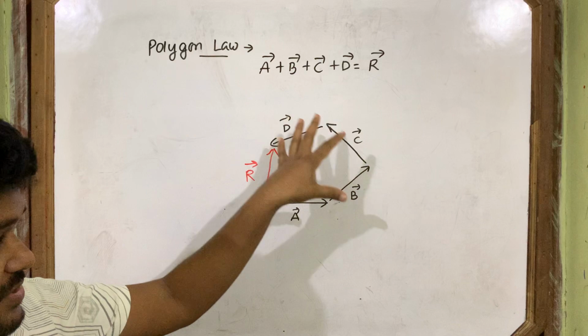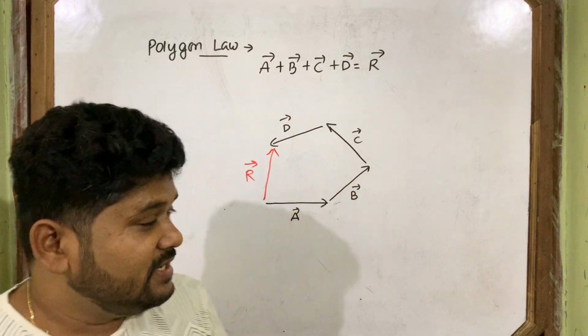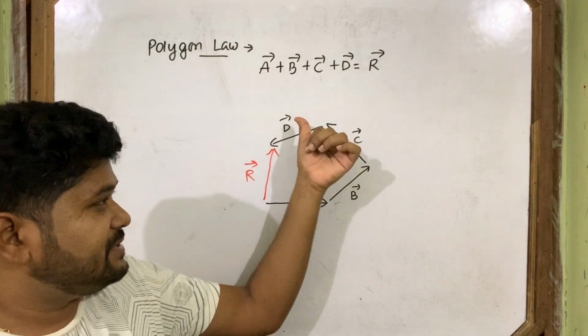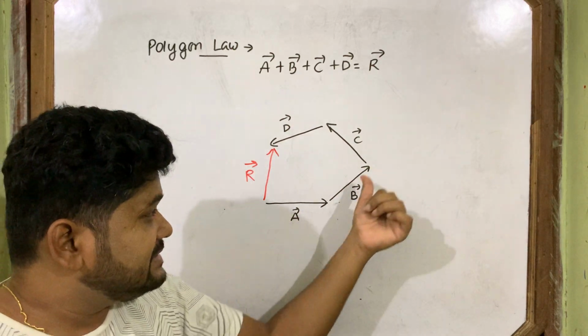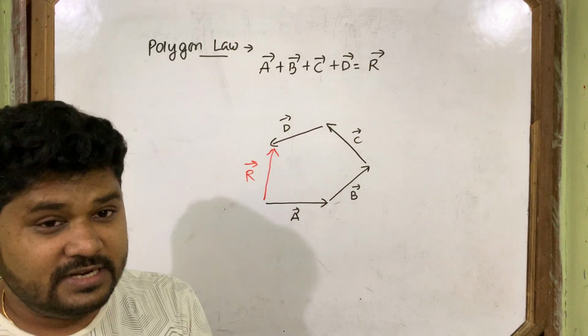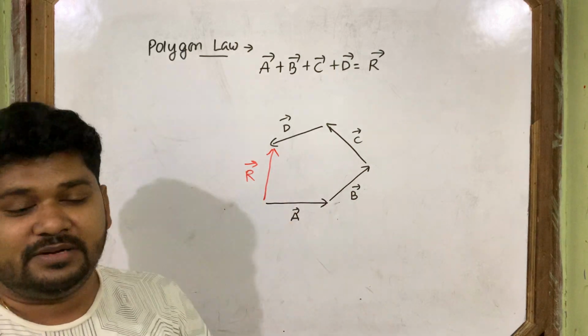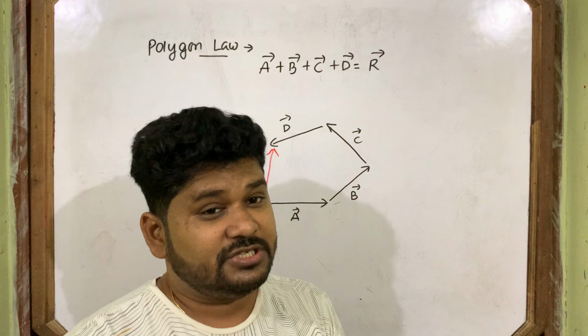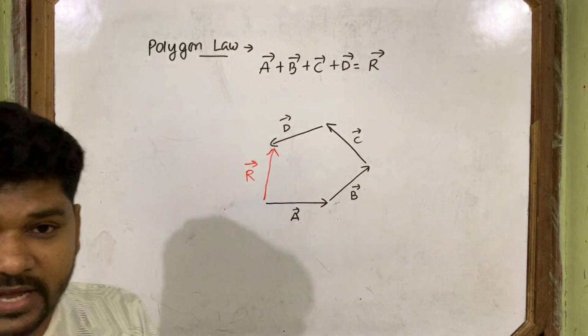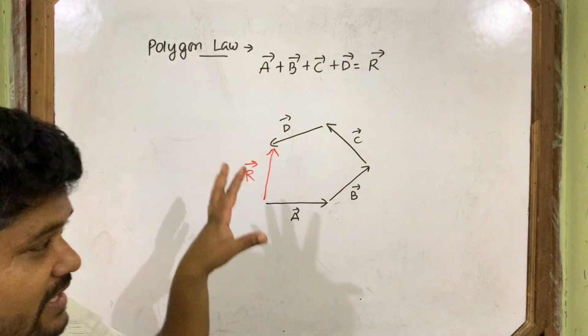So everybody understood what the polygon law is? If a number of vectors are presented by the sides of an open polygon taken in the same order, then the closing side of the polygon is the resultant taken in the opposite order. Okay, now let's see what happens.